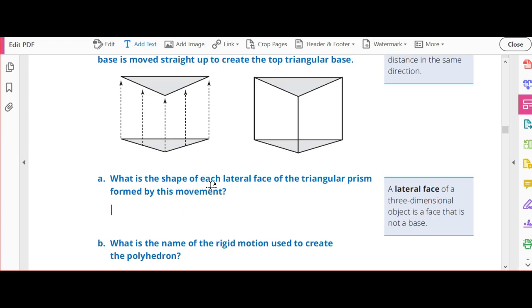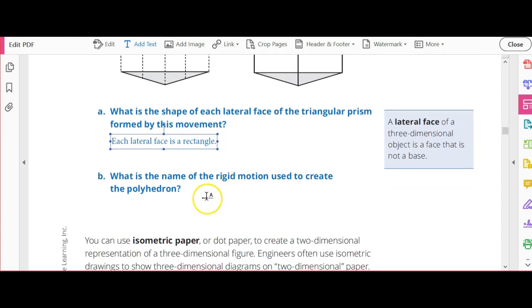So each lateral face is a rectangle, right? Okay, what is the name of the rigid motion used to create the polyhedron? So to create this three-dimensional solid, the name is a translation, right, of the base.